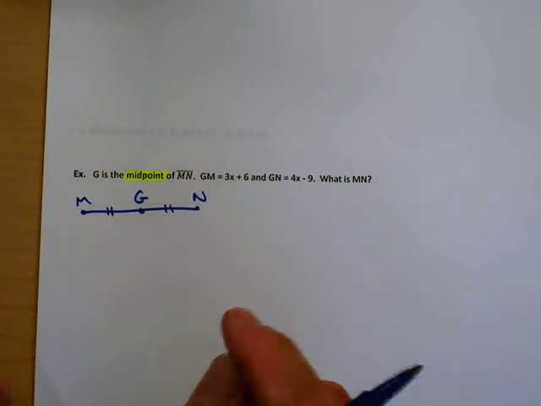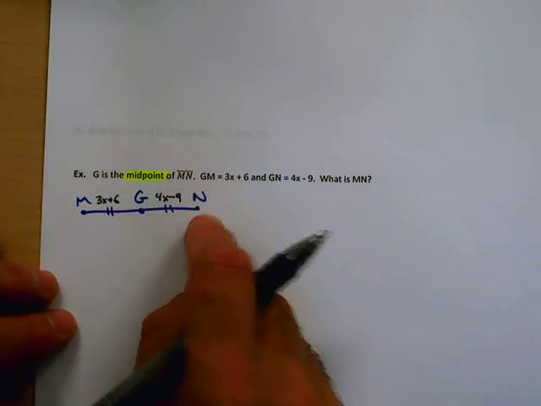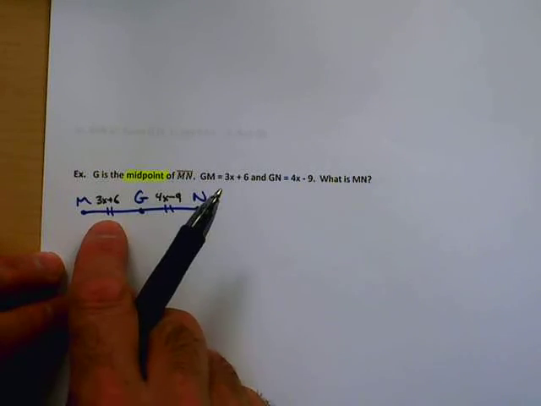That's congruent to that. Now, from here, GM was 3x plus 6. And GN is 4x minus 9. Note, I don't know how long MN is. Eventually I can find it, or I can find the different lengths if I solve for x. And in fact, I can solve for x.